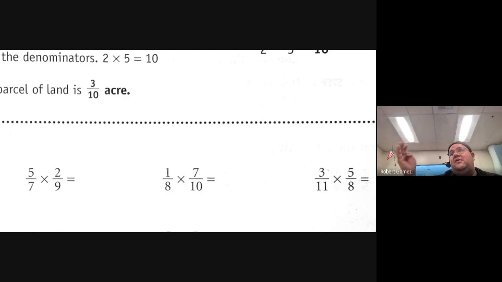You can even use your calculator. So you multiply the top, multiply the bottom, and then you reduce.